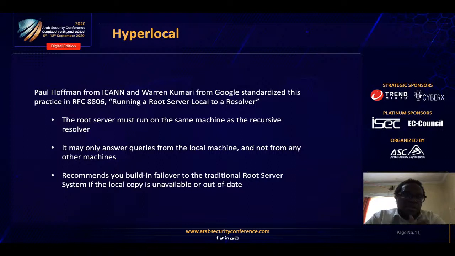So if, let's say, you are in Bahrain, and there's no mirror of the root, then perhaps the nearest one could be in the United Arab Emirates. It will contact that to grab a copy of the current root zone. That's just the failover solution that the document describes.